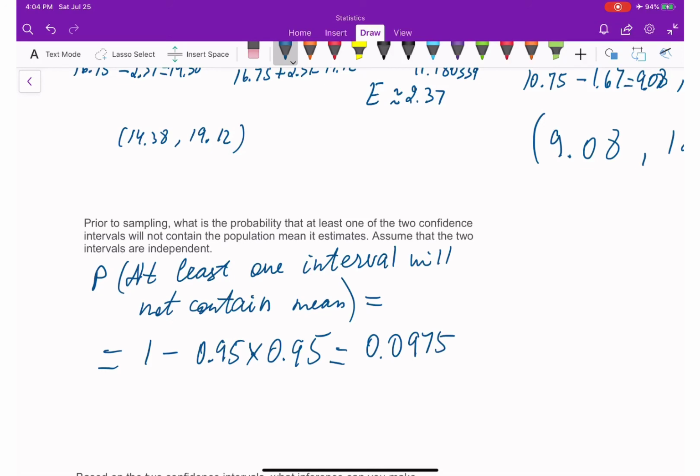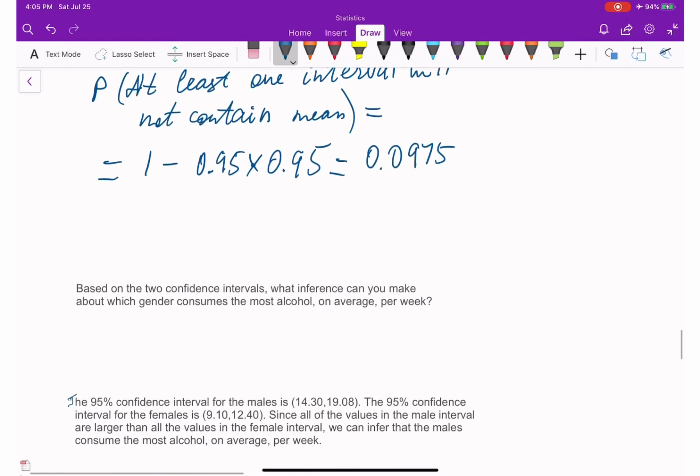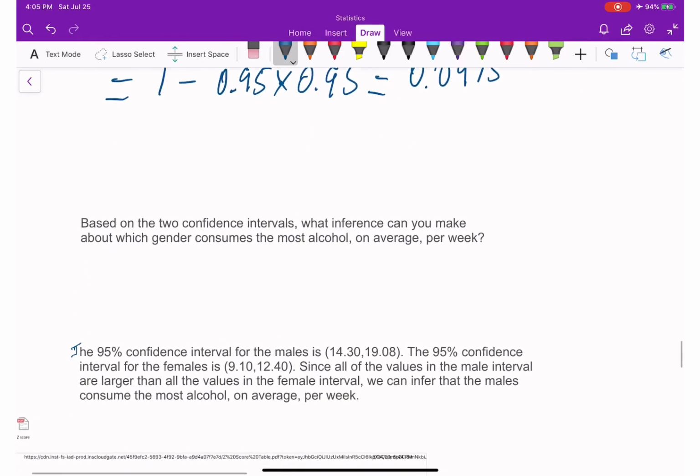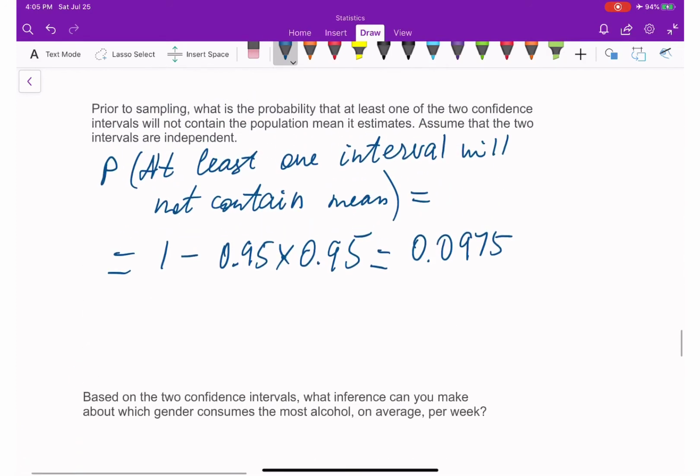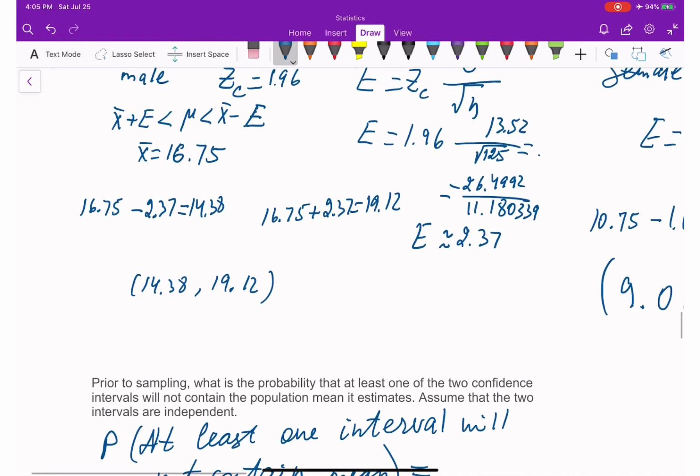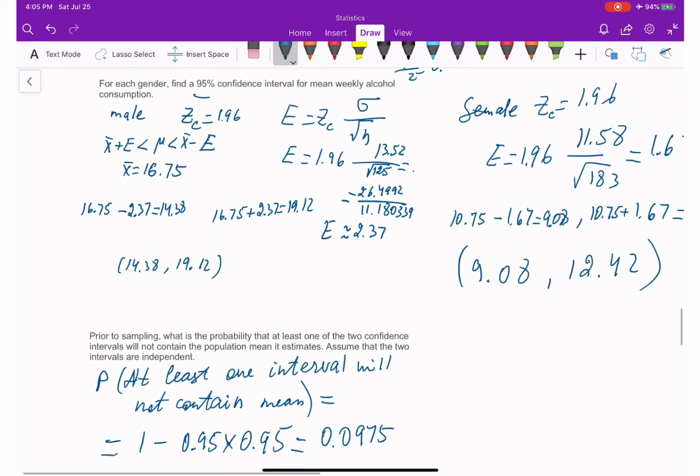Okay? So, and one more question is here. It's asking, based on the two confidence intervals, what inference can you make about which gender consumes the most alcohol on average per week? So, I put it down already here. For male, 14.38 to 19.12.